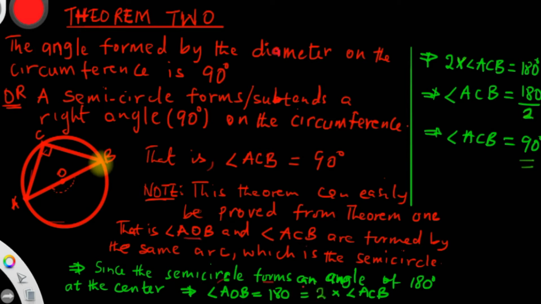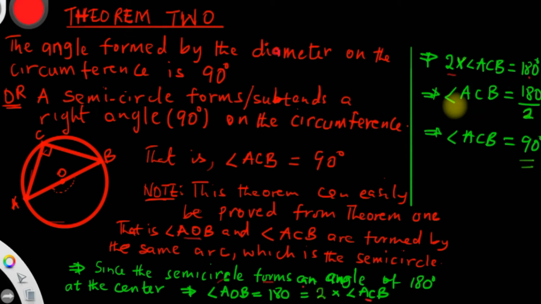So angle AOB, which is 180, is equal to 2 times angle ACB, which is the angle formed by that same semicircle at the circumference. So 2 times angle ACB is equal to 180 degrees.